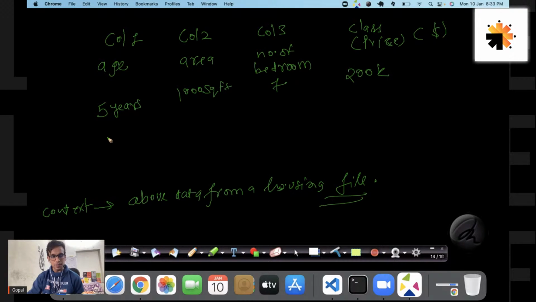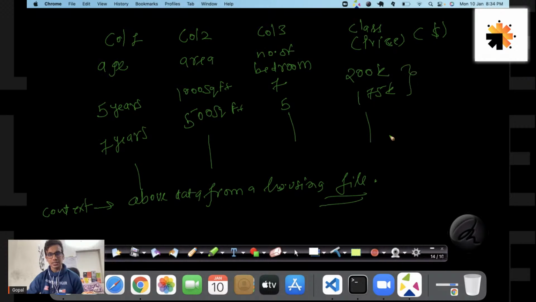The second could be, let's say, 7 years, again let's shrink it down, 500 square feet, 5 bedrooms, and the housing price has dropped to 175K. So say you have such data. This task is your regression.